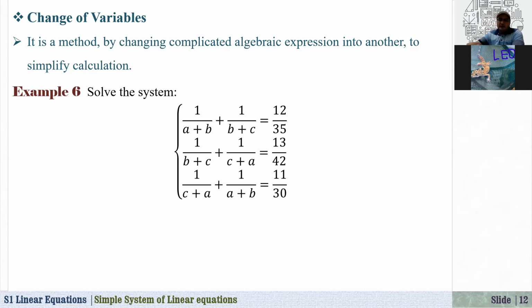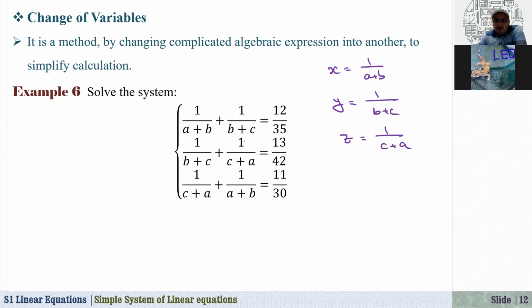All right. Let's say here we have 1 over a plus b, 1 over b plus c, 1 over c plus a. So now if I introduce these new things, let me write here that x is equal to 1 over a plus b, y is equal to 1 over b plus c, and z is equal to 1 over c plus a.